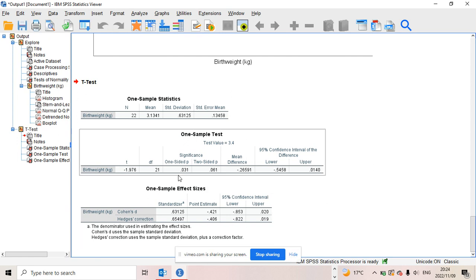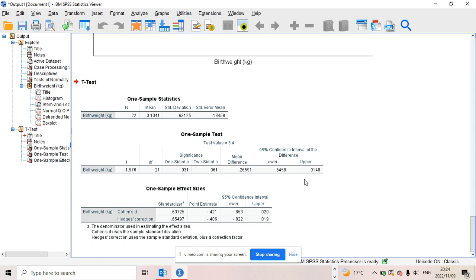So let's see how it works, and whether we need to accept or reject the hypothesis. Now let's look at the p-value here for one-sided. This is 0.031, which is less than 0.05. So what does this tell us? It means that we need to reject the null hypothesis, right?